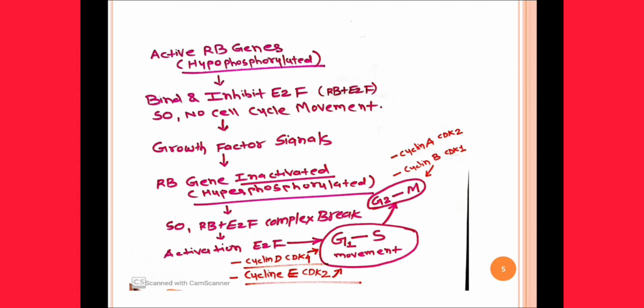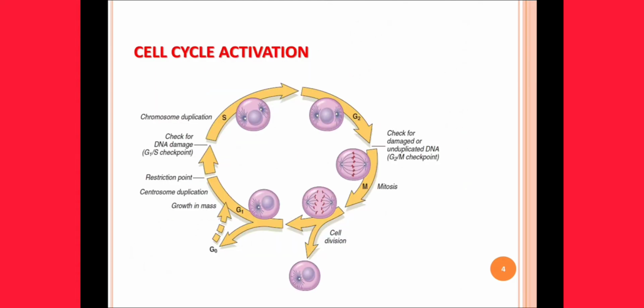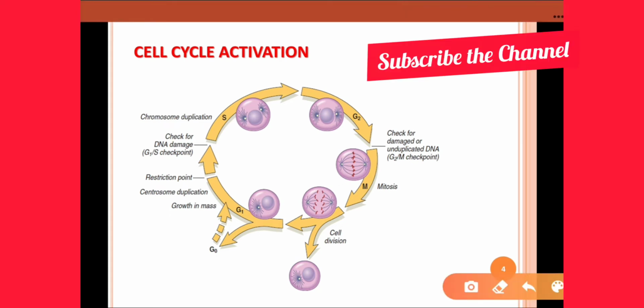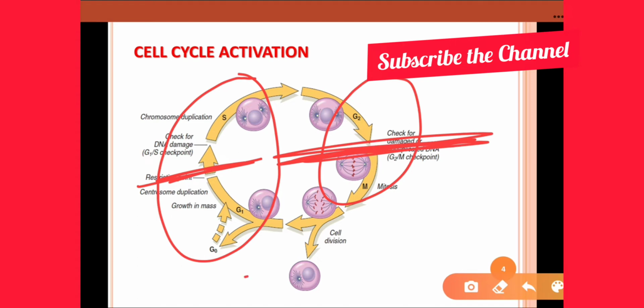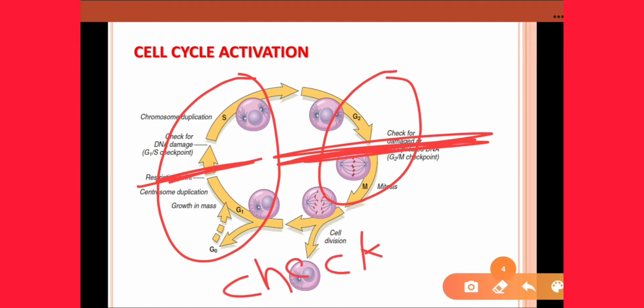Now if there is any DNA damage in your cell, then what happens? The DNA has to be repaired, and the repair of the DNA happens at two points. First point is G1 to S and second point is G2 to M transition. These two transition periods are known by the name checkpoint, right?